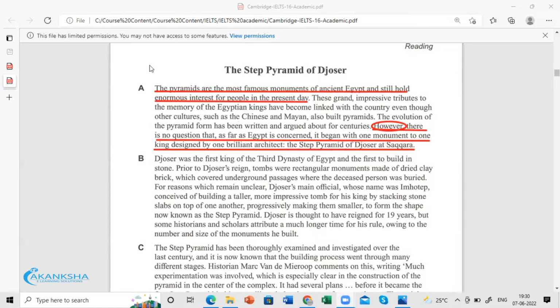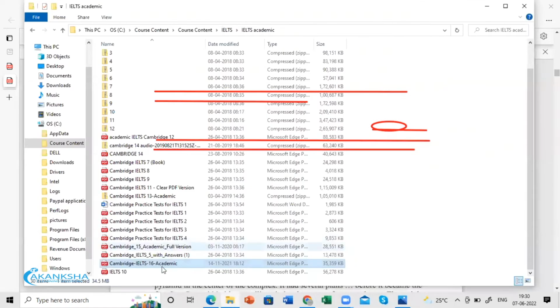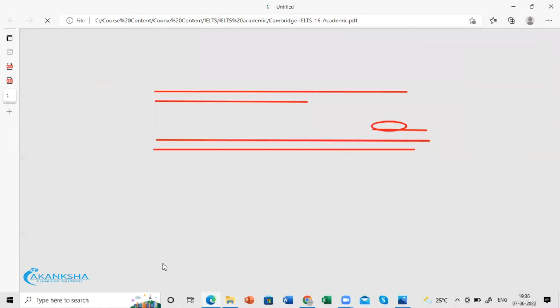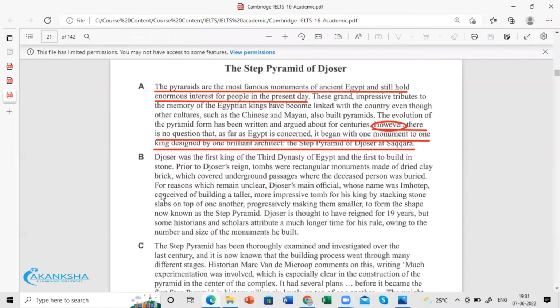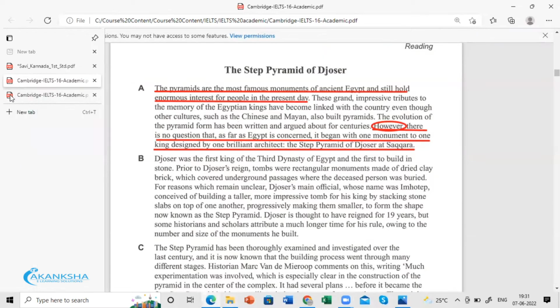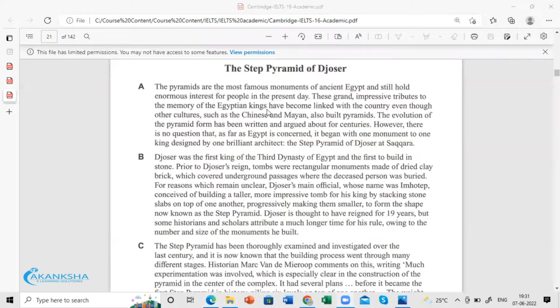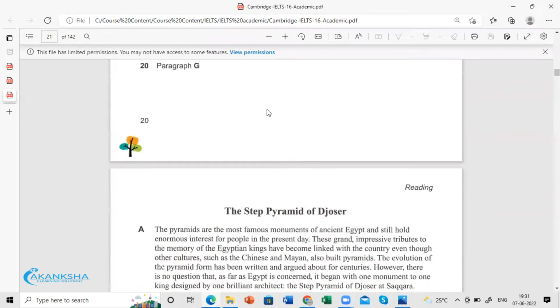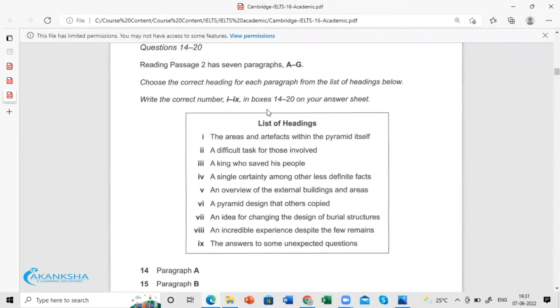There's no question that. So once we understand this, then we will have to go to the question to see which is the other option, I mean, which is that option or the heading that matches this particular line. So we got the gist here that they are trying to talk about something that is undisputed.